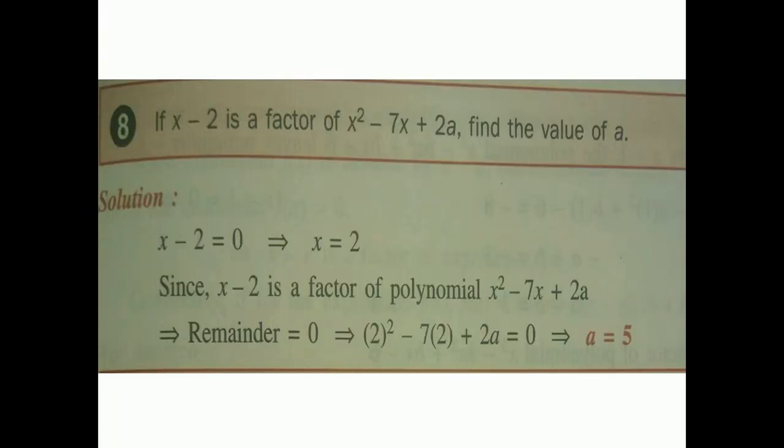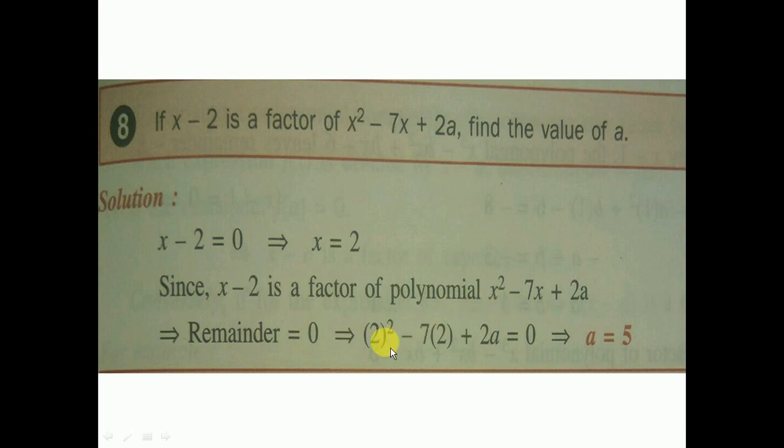See, one more example, a simple one. x minus 2 is a factor. The words "is a factor" mean the remainder is 0. They won't say remainder is 0, they put the words is a factor. Means when x is equal to 2, the remainder is 0.